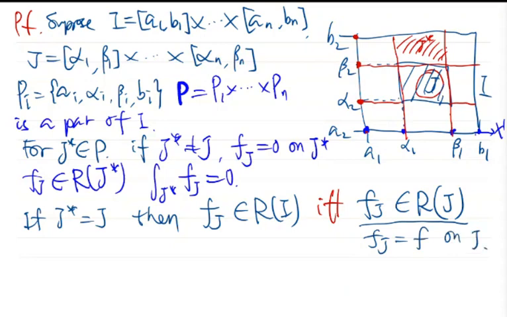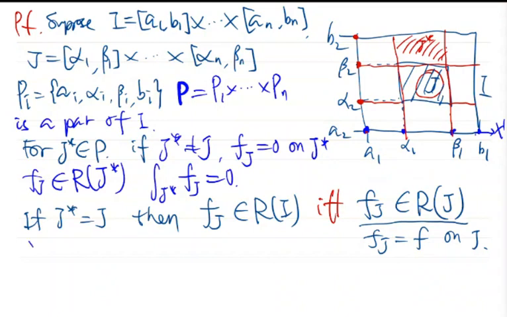So this means that the zero extension fJ is integrable over I if and only if f is integrable over J. So this solves the integrability problem of this lemma.